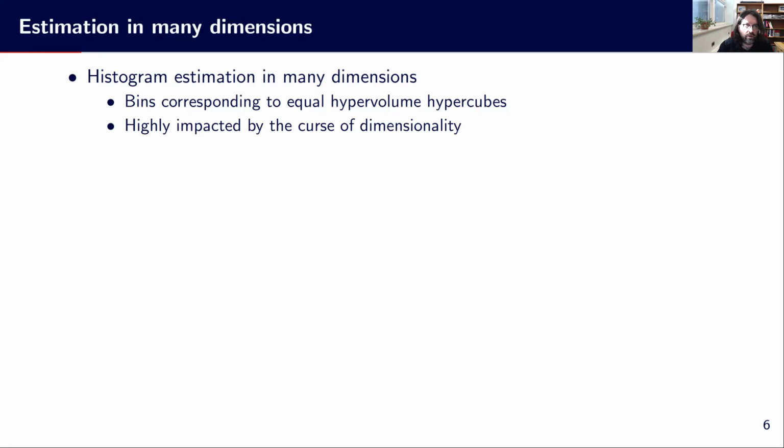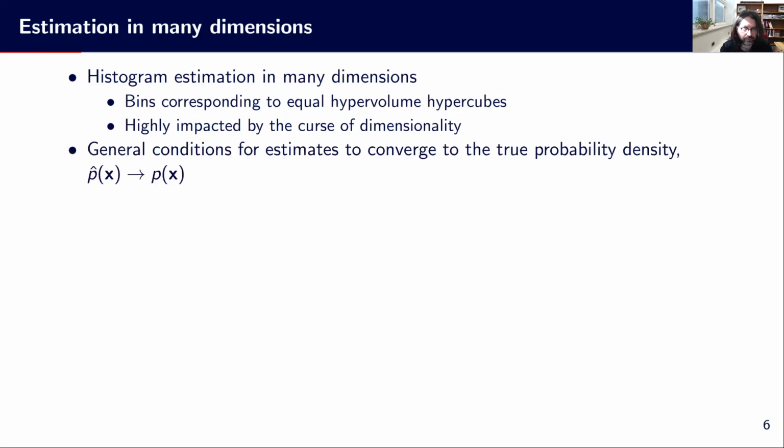However, this way to estimate density is highly impacted by the dimensionality, and it suffers a lot from that because we need a relatively good sampling density, in the sense that we need, in general, many samples in every bin, and given that we are increasing the dimensionality, we know that the sampling density is decreasing exponentially. So in 2D it's manageable, in 3D okay, but we need more samples. More than 3D doesn't really make sense, and the performance will be relatively bad unless we have a really large data set.